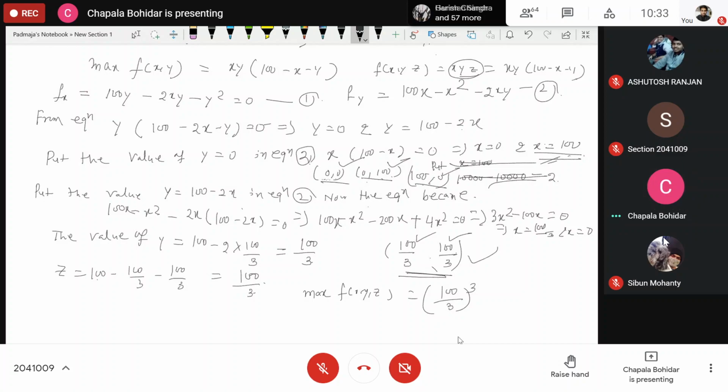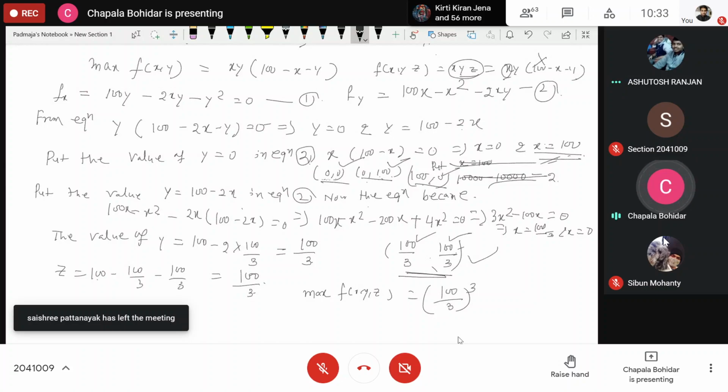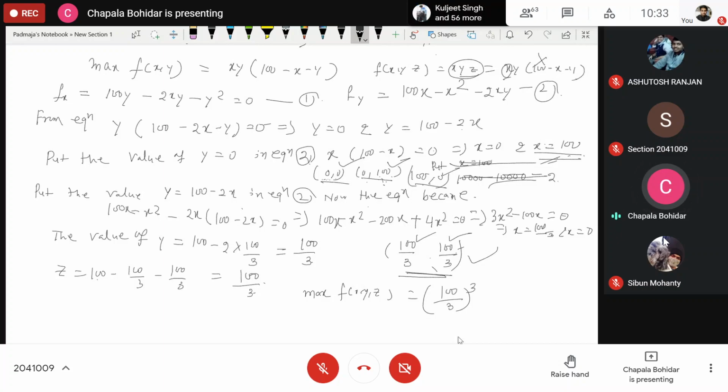Isn't it? So when x is equal to 0, it will become 0. We cannot consider that. That is not a maximum value. Among all these points, where are we getting the maximum value? This point. If you consider this point, that is also 0. If you consider this point, that is also 0. Clear? So we are getting the maximum value here.